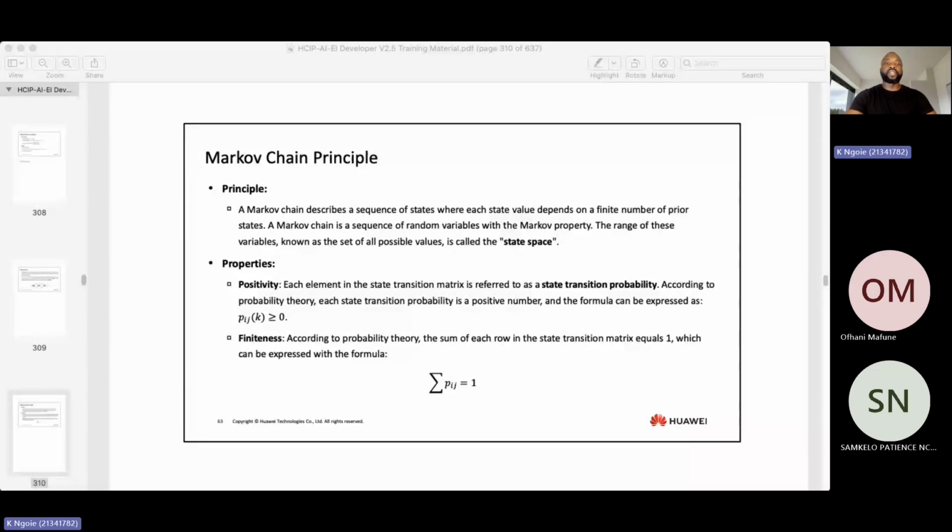Markov is used in things such as chatbots and autocomplete. The simple example is this: look at your phone, your WhatsApp, when you're trying to type a message. As you start to type certain letters, it can predict the rest of the sentence.